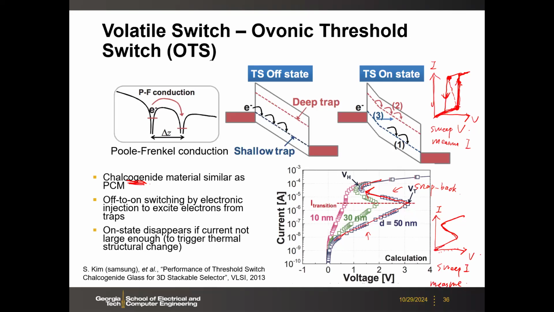But actually I don't know, and this is still under active research. Okay, but people measure this behavior and use it already. So that's why here I said current not large enough to trigger the structural change. That means to move the atoms. Okay, only some electronic conduction happening there.